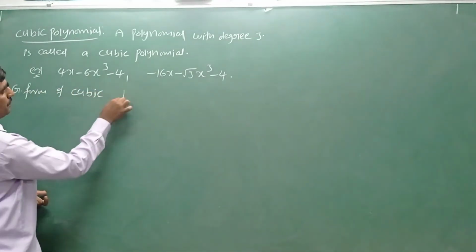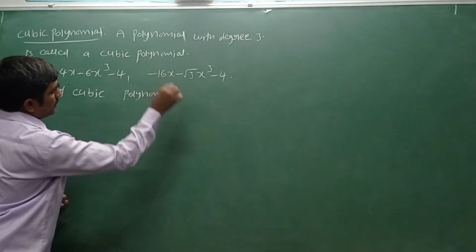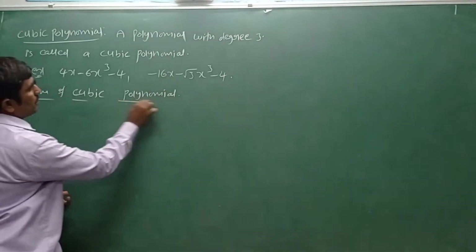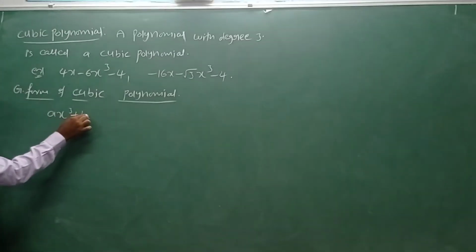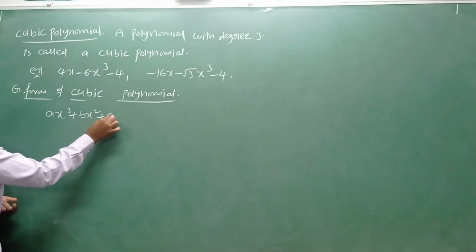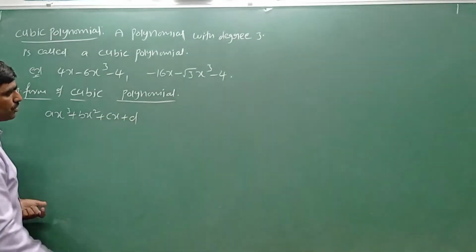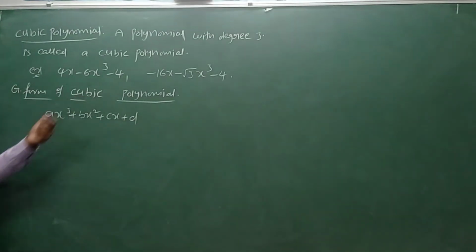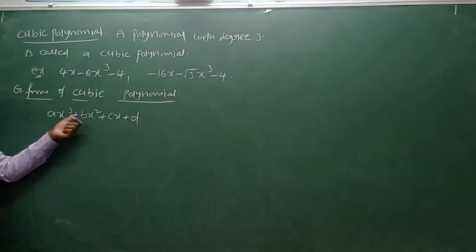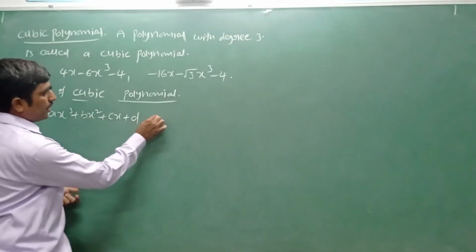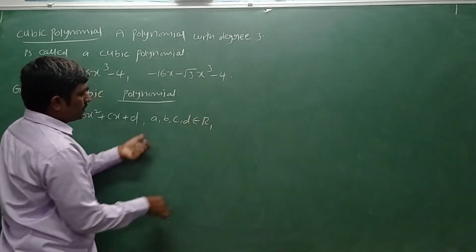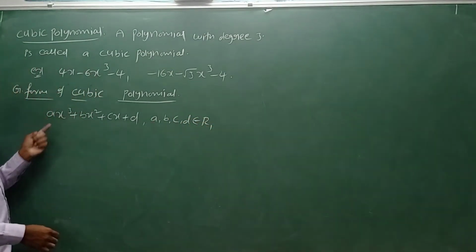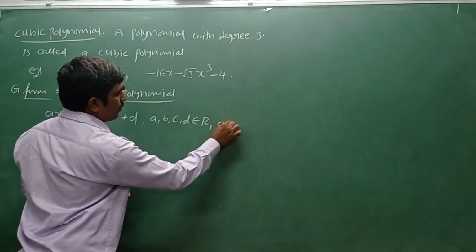The general form of a cubic polynomial is ax cube plus bx square plus cx plus d, where a, b, c, d belong to the real numbers, except that the highest power coefficient a is not equal to 0.